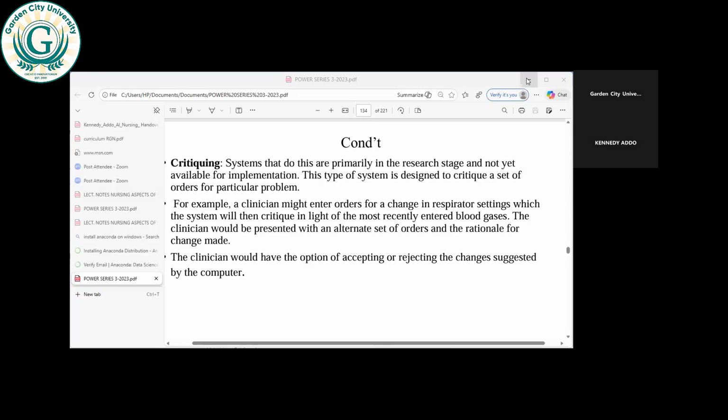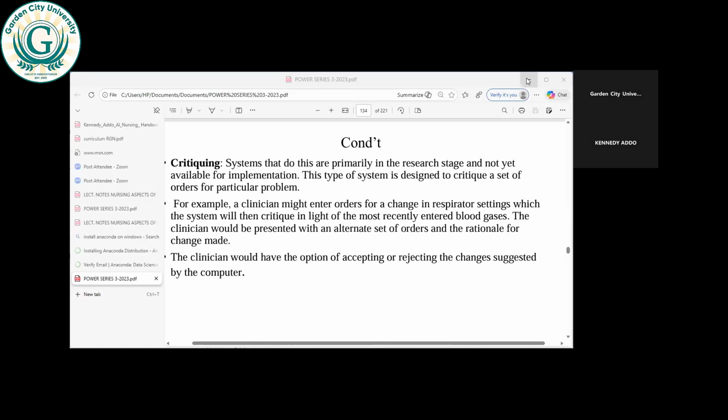So the system can see that if the patient has an upper respiratory tract infection and lab results are A, B, C, D, then suggest the antibiotic amoxicillin. So it will just help you.